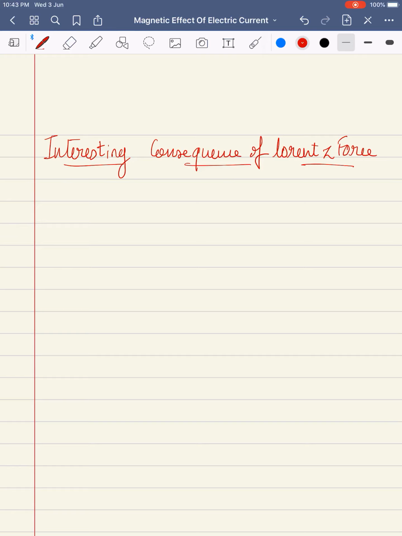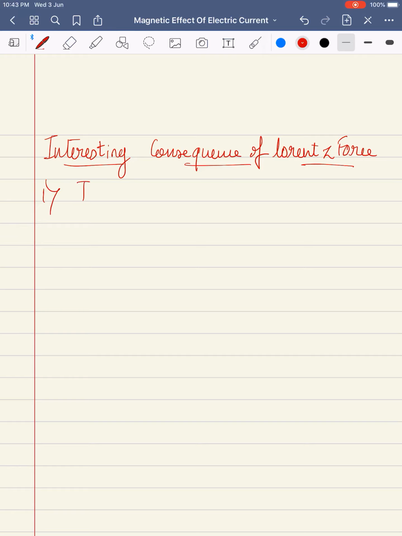Look over here. Interesting consequences of Lorentz force.